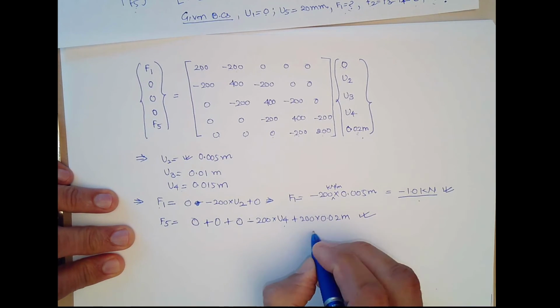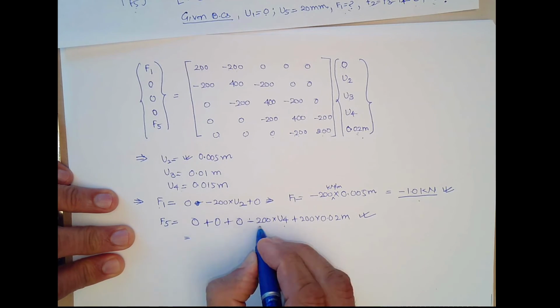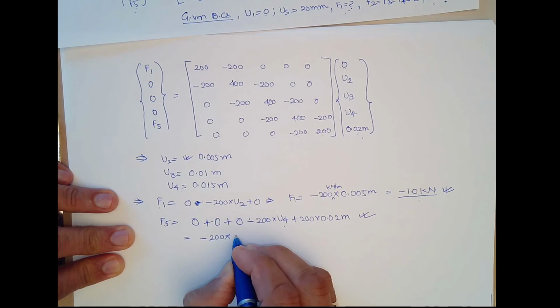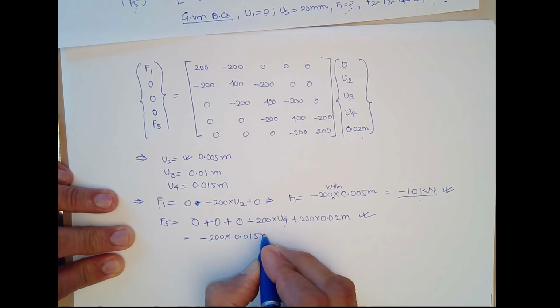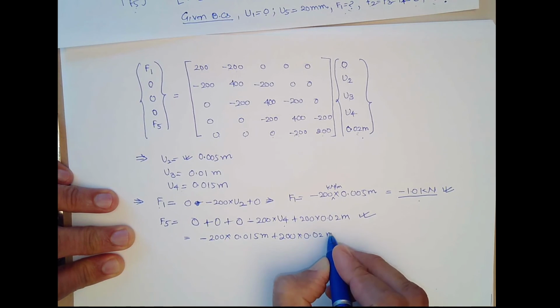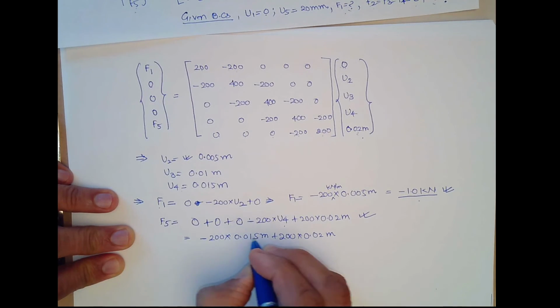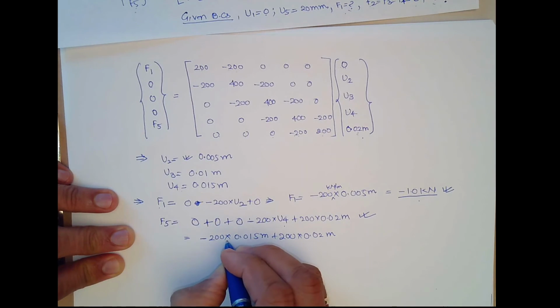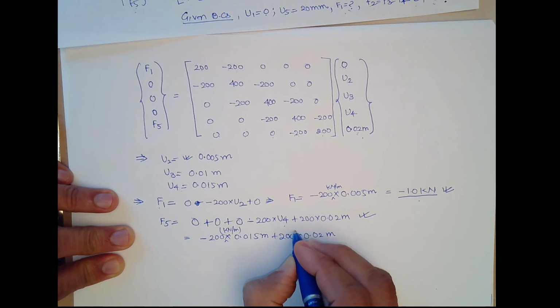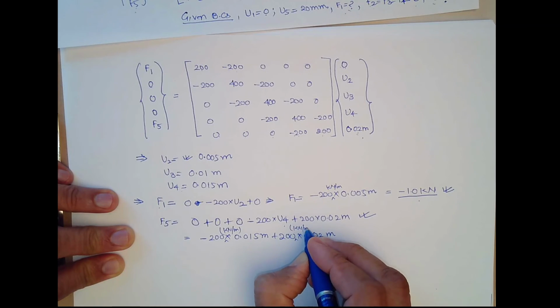So that is minus 200 into 0.015 meter plus 200 into 0.02 meter, with 200 in kilonewton per meter.